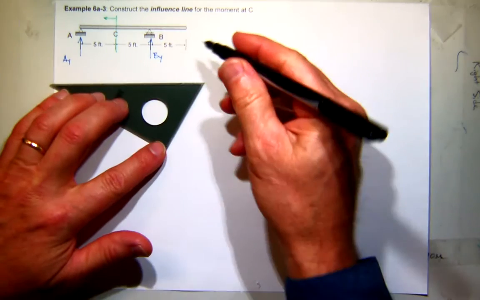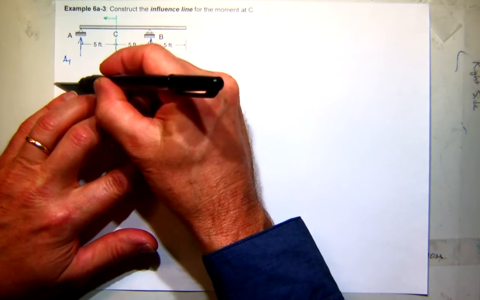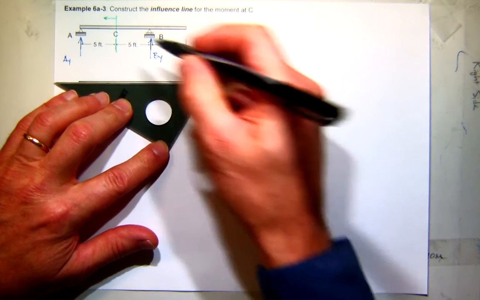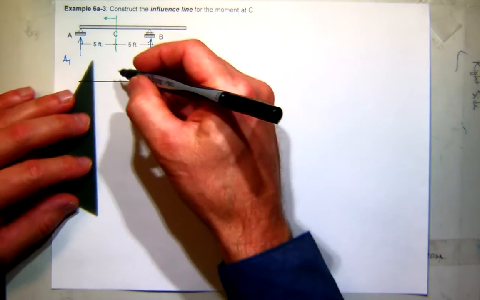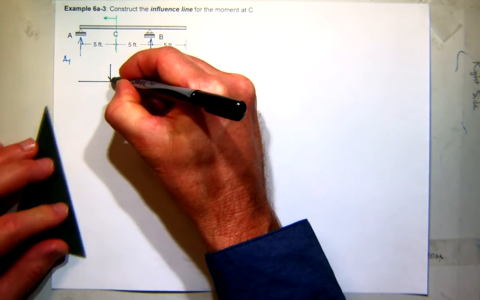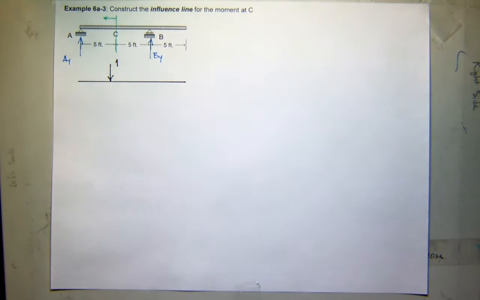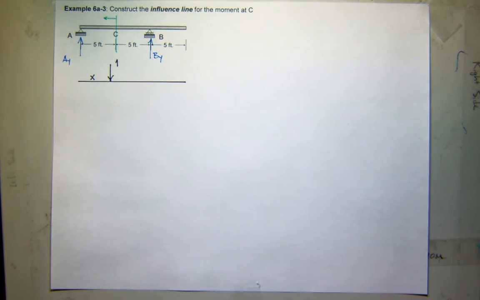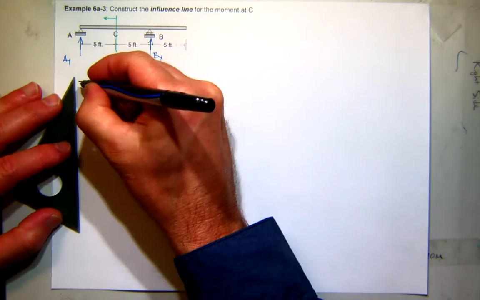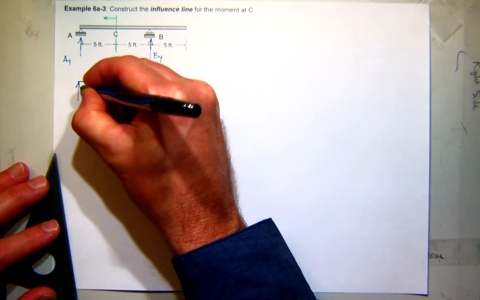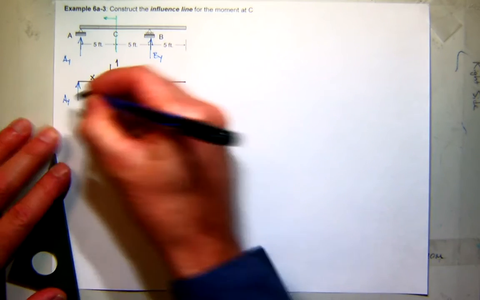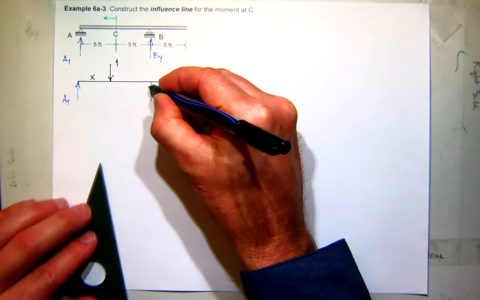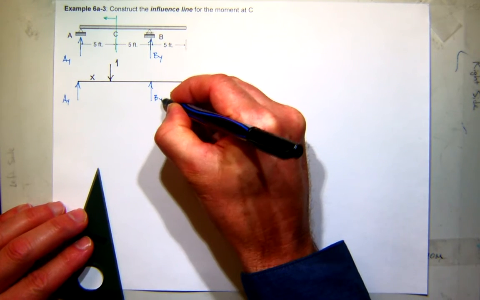So let's go ahead and again construct a free body diagram for this particular case. And I'll be concerned about my unit load for my moving load at some distance x from the left, and then I'll have the reactions I'm looking for, AY and BY.